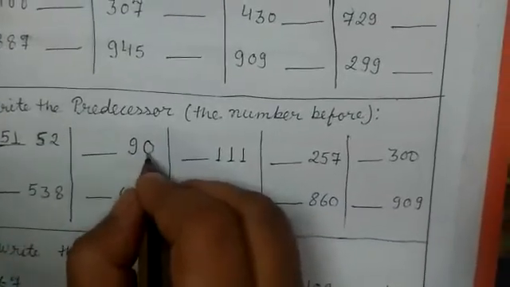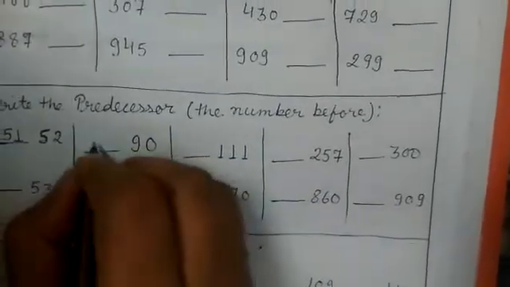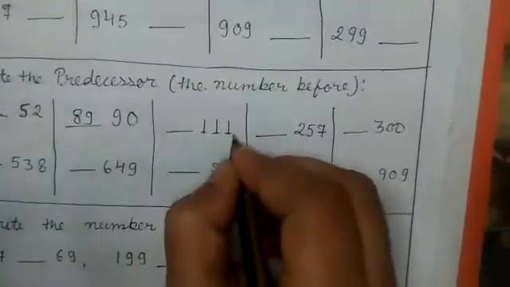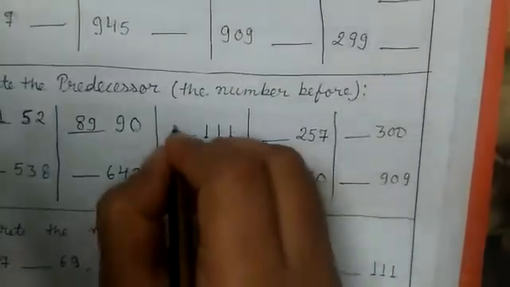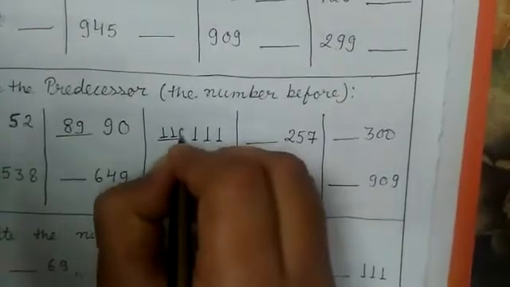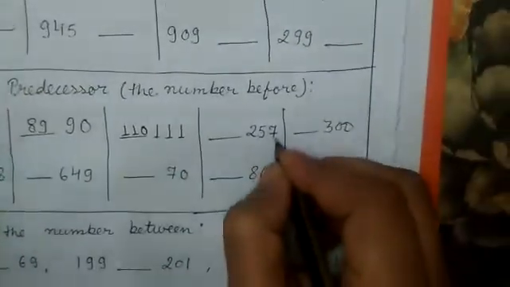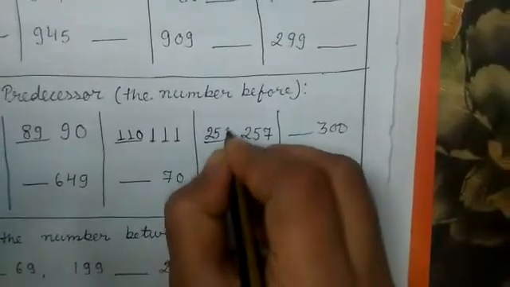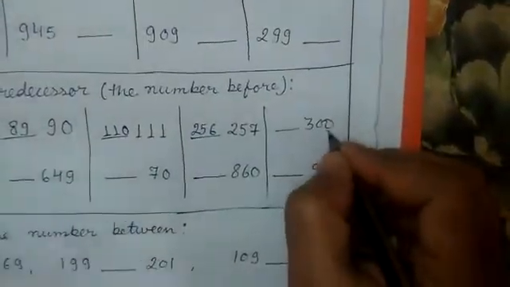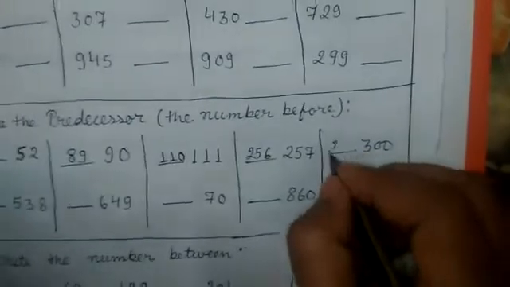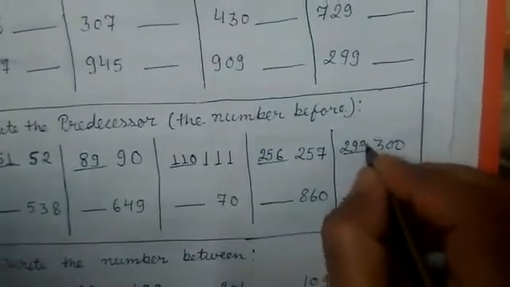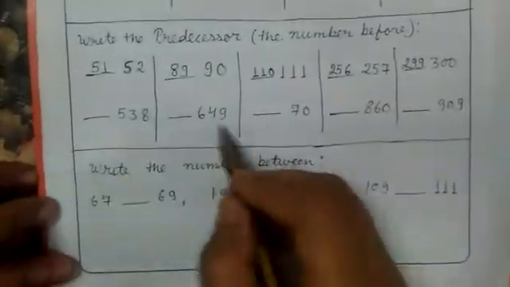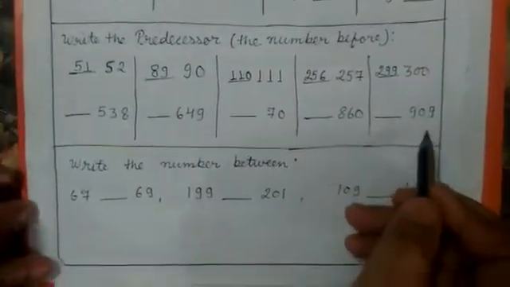Here the number is 90, then you write here 89. 111, you write here 110. 257, you write here 256. 300, it means 299. Okay. Now write, this one is your CW task.